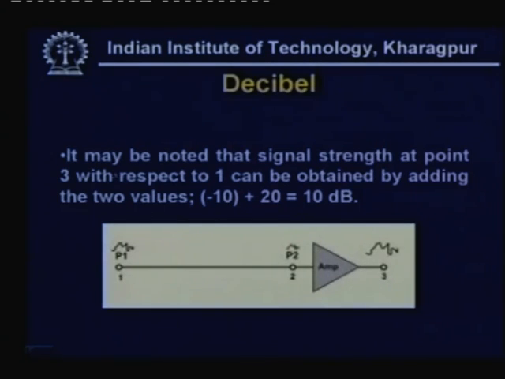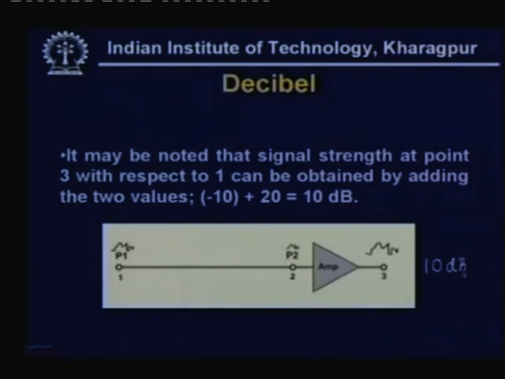For example, in this case, the signal strength at point 3 with respect to 1 can be obtained by adding the attenuation between P1 to P2, then the amplification between 2 to 3. So it is equal to minus 10 plus 20, which is equal to 10 dB. So here with respect to point 1, the amplification is 10 dB.